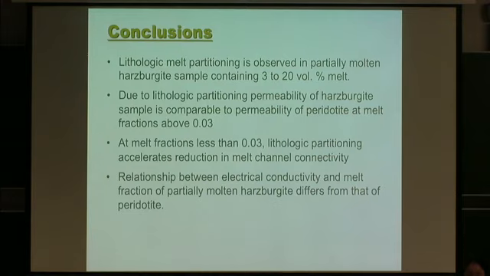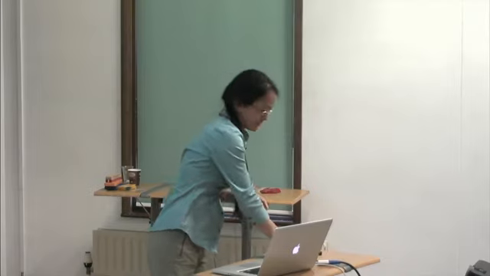For high melt fractions, it enhances the permeability more than expected. But for low melt fractions, it can make the cutoff permeability higher than otherwise. I will stop there. Thank you.